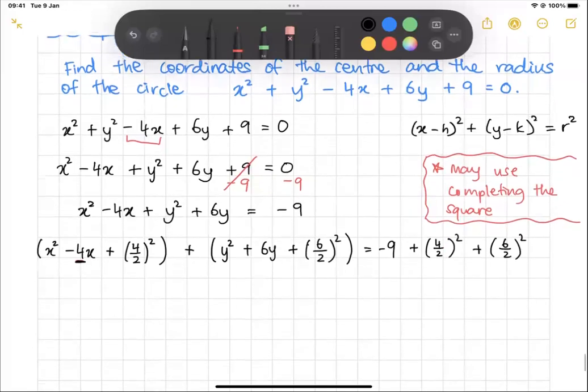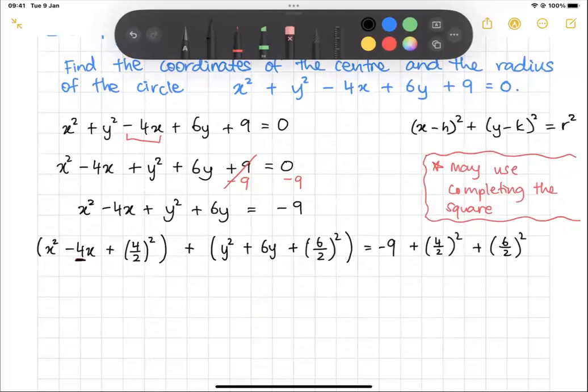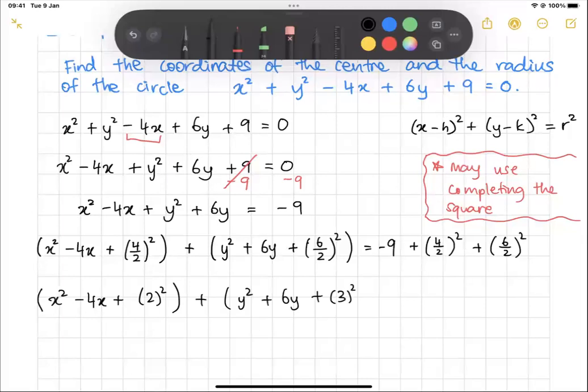Now I'm going to rewrite it again. x squared minus 4x plus, what is 4 over 2? That's 2 squared. I'm just going to write it down like this, the reason being this will come in handy. Plus y squared plus 6y plus, 6 over 2 is 3, so 3 squared.